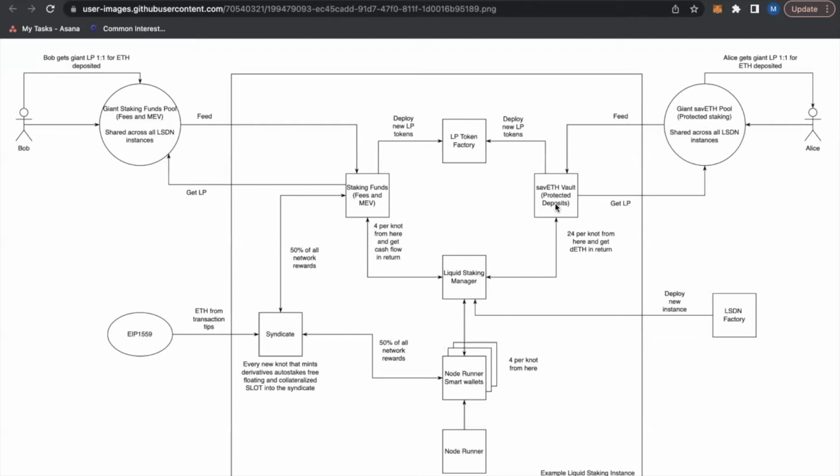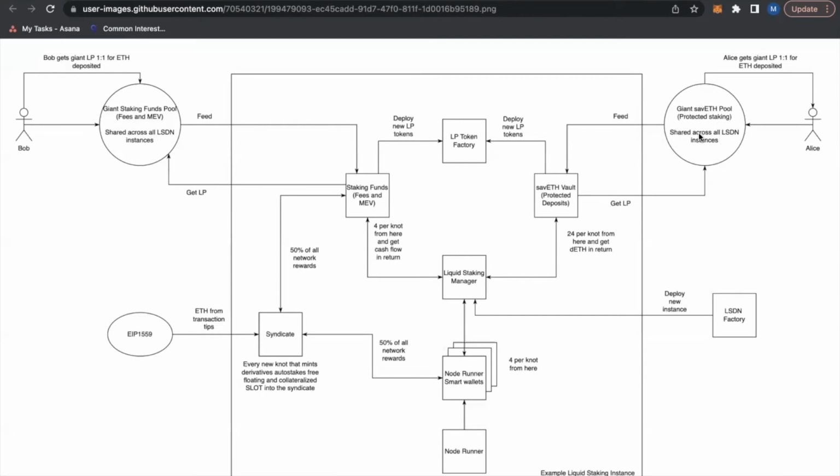The protected deposit and fees and MEV pools were unique to a single liquid staking network, but the giant pools are one and only, and they have the ability to fund all the liquid staking networks that are deployed via the LSTN factory. So these giant pools collect ETH from users, and when a node runner from any of the liquid staking networks is in need of money, they can go to this giant pool and ask for funds.